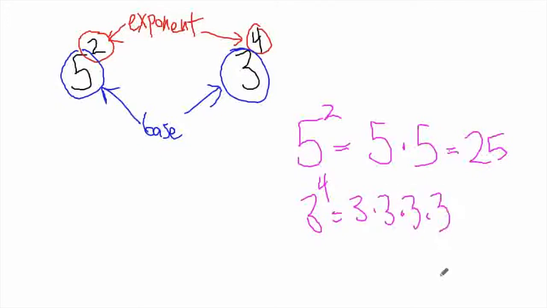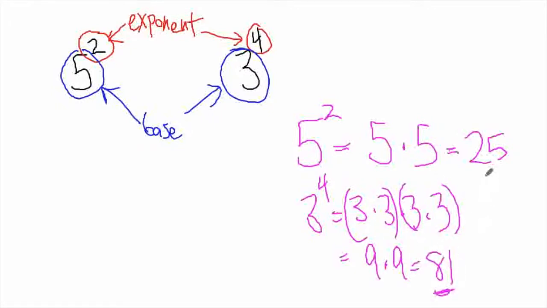Now it might take you a few seconds to actually do that product, but hopefully it's not the most complicated thing you've ever seen. You'd have to maybe do it in lots of small pieces, so you could maybe do a pair at a time. So each pair would give 9, so the entire answer is 81.